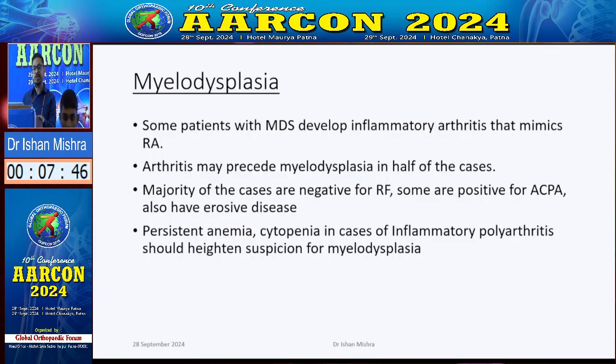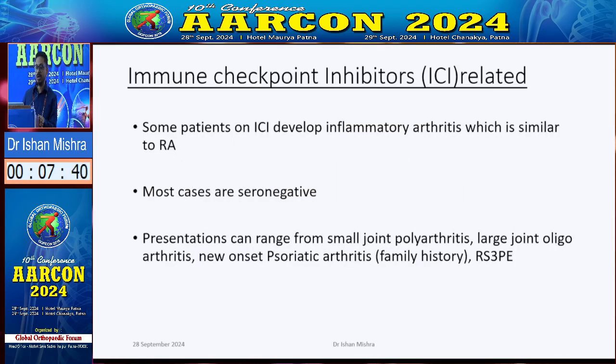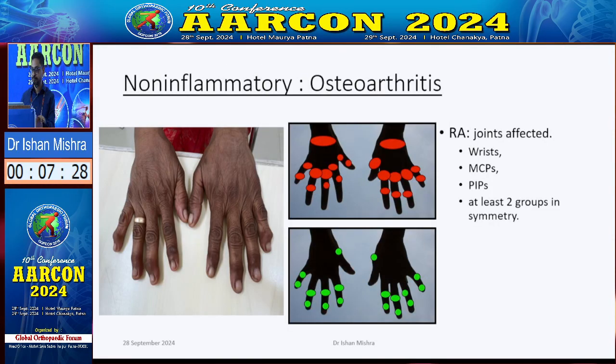Persistent anemia and cytopenia in the case of inflammatory arthritis should heighten the suspicion. In very rare cases, there can be a polyarthritis associated with immune checkpoint inhibitors which are used in the malignancies. Most cases are seronegative, and in some cases DMARDs have been tried.